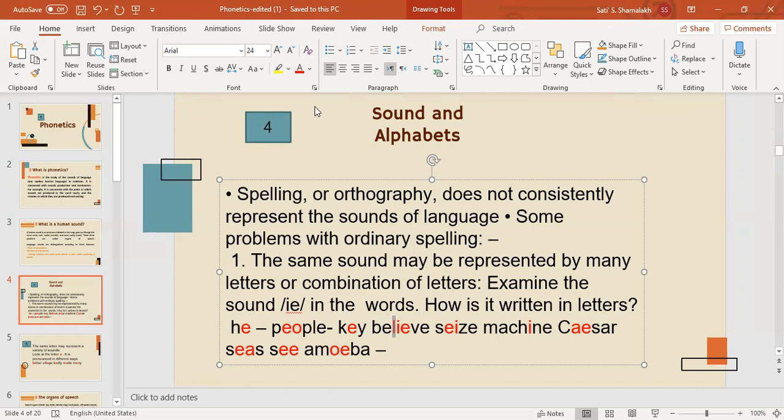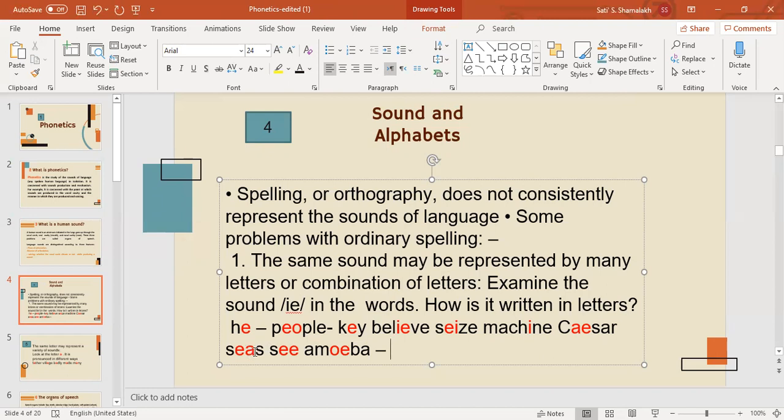Now look at the letters. There are two letters, I-E, but they are pronounced E. Seize, E-I, but it is pronounced E. Machine, she, only the letter I, but it is pronounced E. Caesar, A-E, but it is pronounced E, okay?